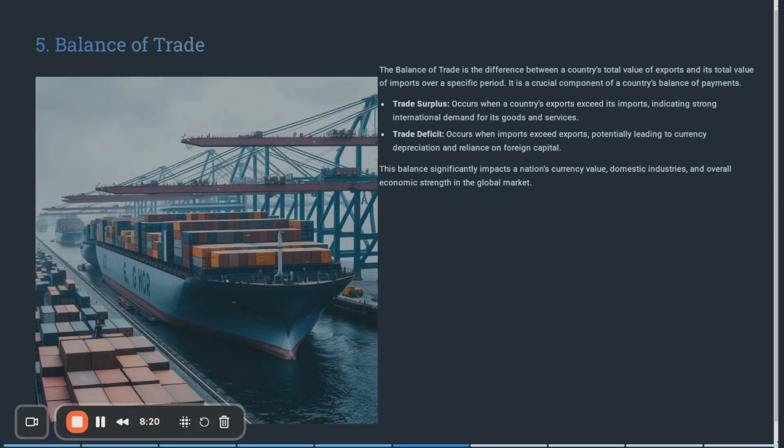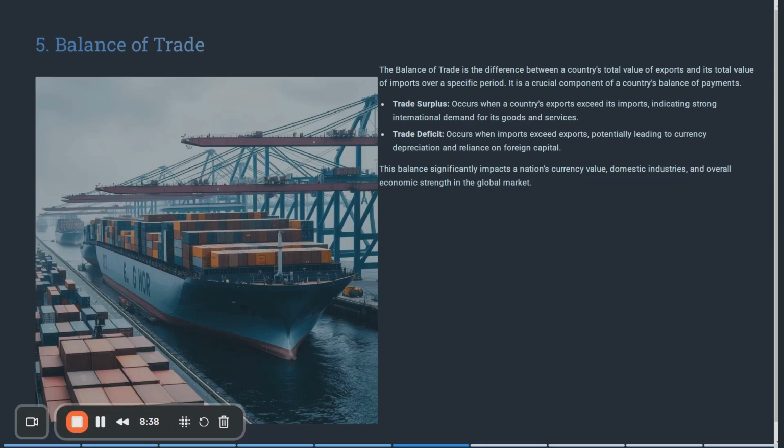A trade surplus occurs when a country's exports exceed its imports, indicating strong international demand for its goods and services.